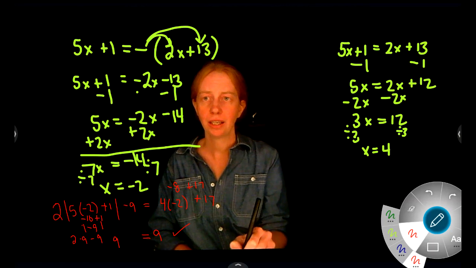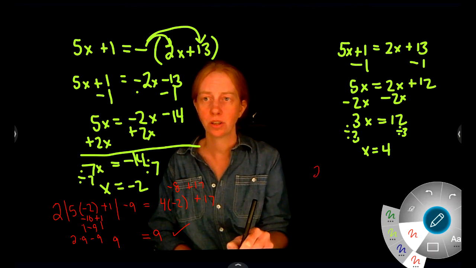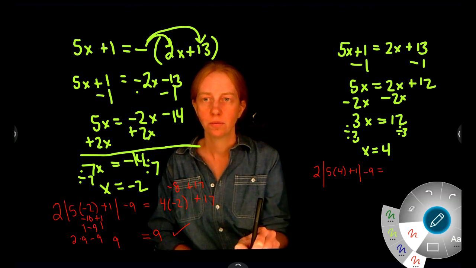Over here, let's check it. So again, that original equation has the 2, 5x plus 1 minus 9 equals 4x plus 17. Oops, I wrote negative 9, but I meant to write 4.